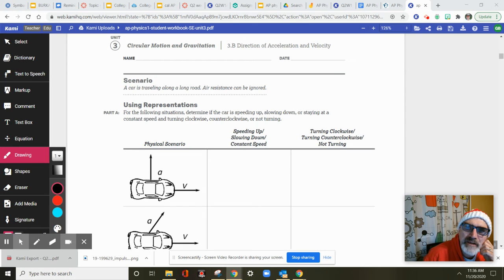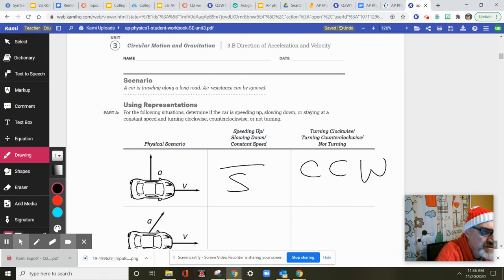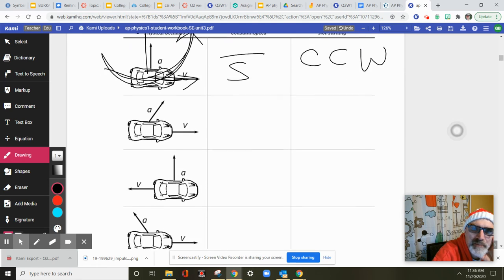So what is happening here is a constant speed, and it is turning counterclockwise, because that makes the arrow go in, right? If it's turning like this, counterclockwise, at that moment its velocity is pushing forward, but its acceleration is inward.